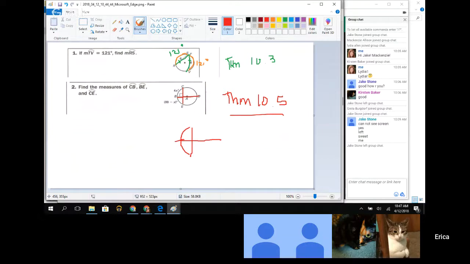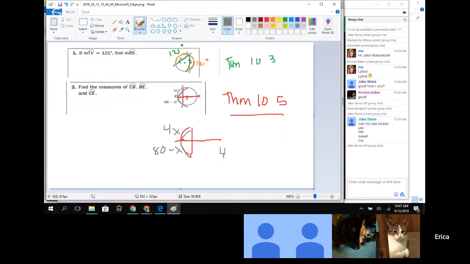So we know that BC and BE are equal to each other because they've been bisected. So that means that 4x up here equals 80 minus x down here. These 2 are equal to each other.